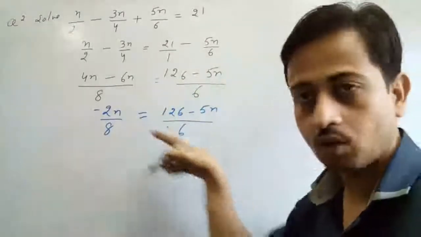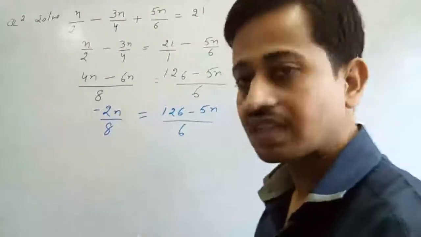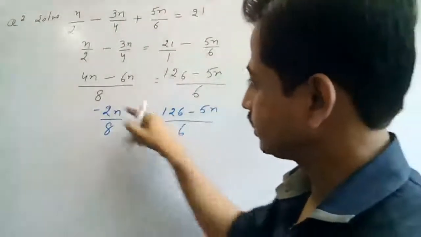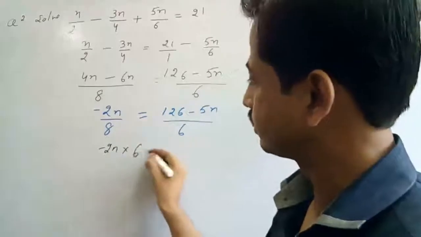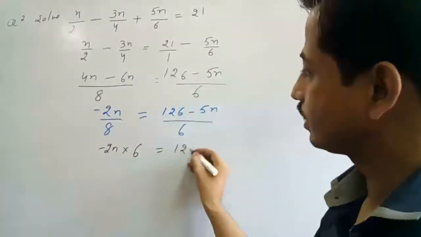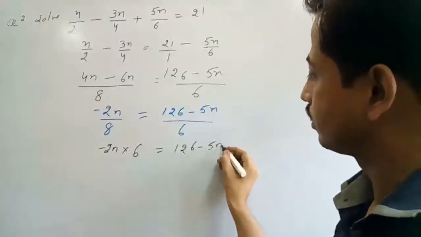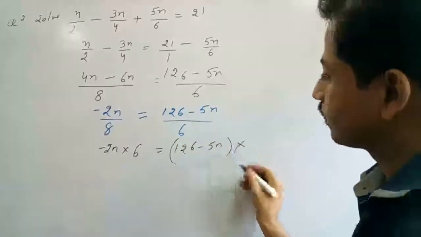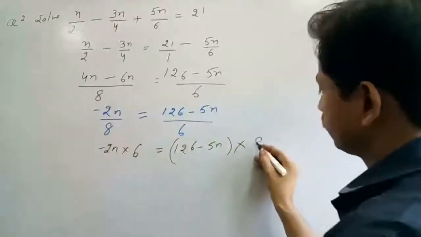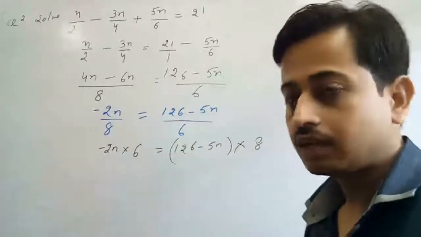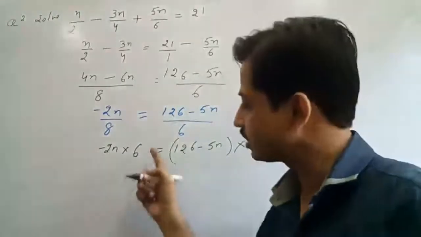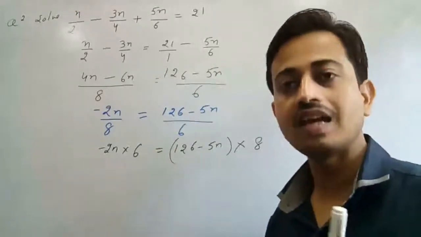Now cross multiply. What's the cross multiplication? 6 multiplied by minus 2n, and 126 minus 5n is multiplied with 8. Now solve. Number is multiplied with number and variable with variable, but there is no variable, so we write the variable as it is.